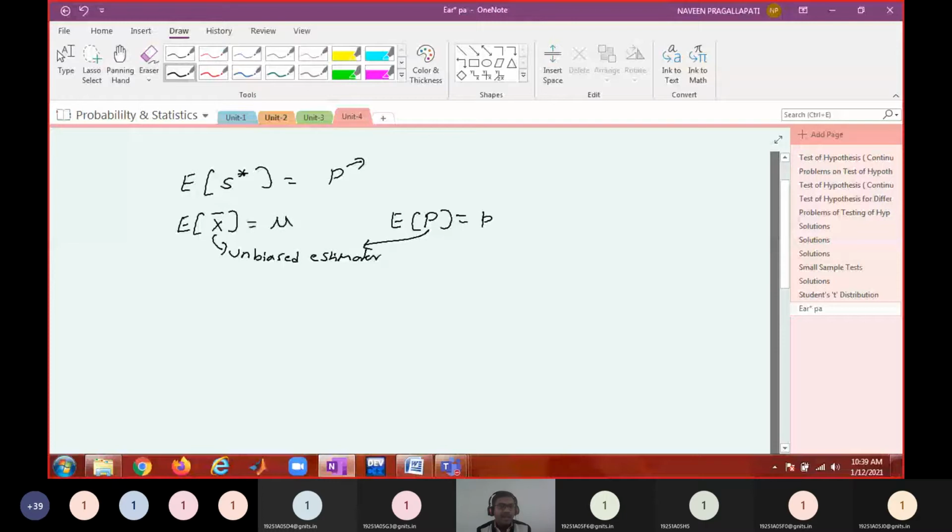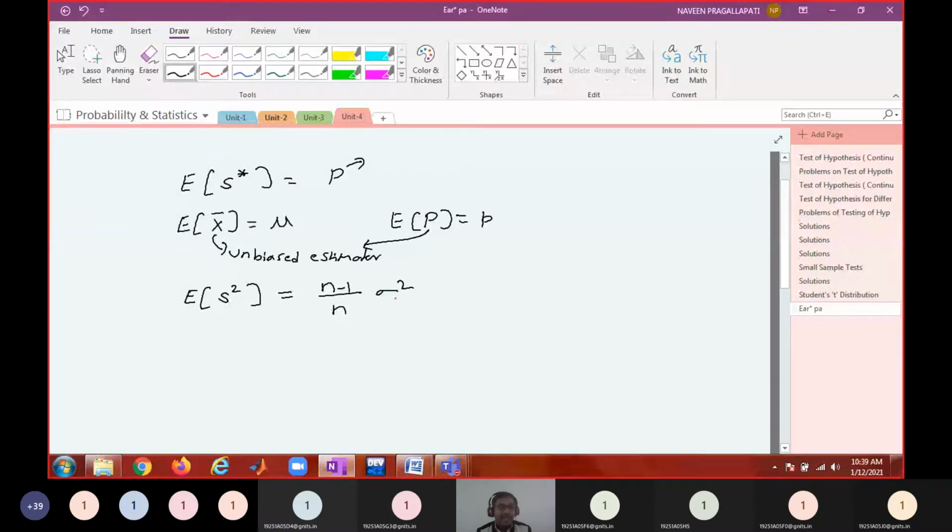Whereas this variance, if you are taking the expectation of s square, this is not an unbiased estimator. When you find the mean of the sampling distribution of sample variance, it comes out to be n minus one by n into sigma square.